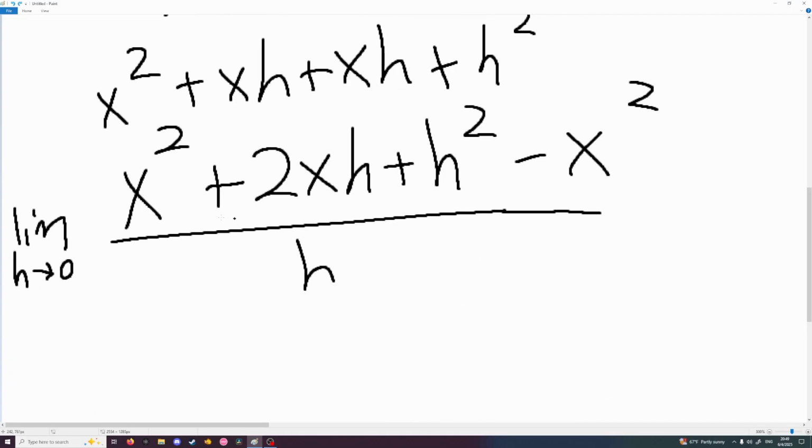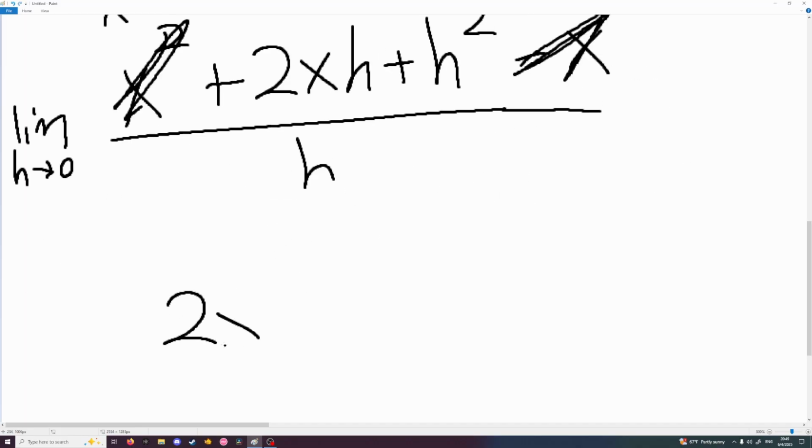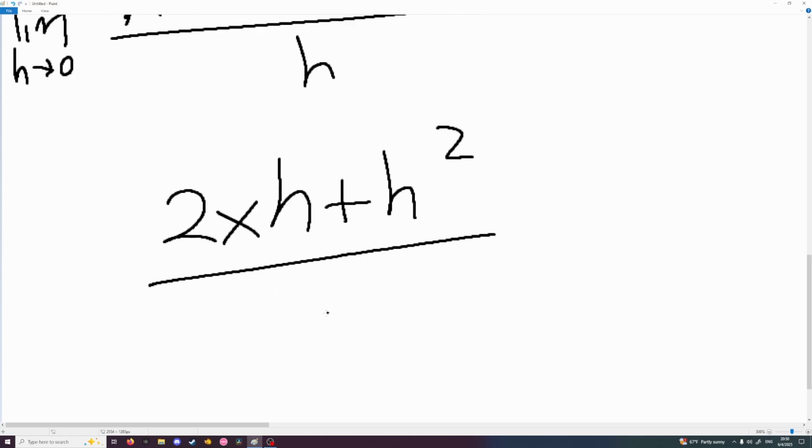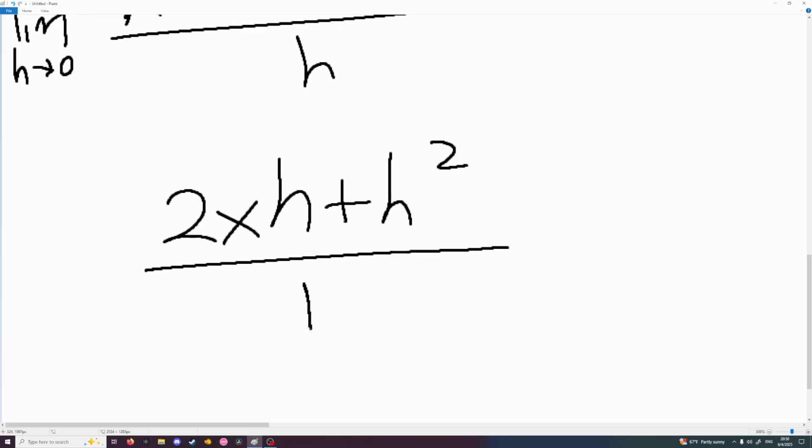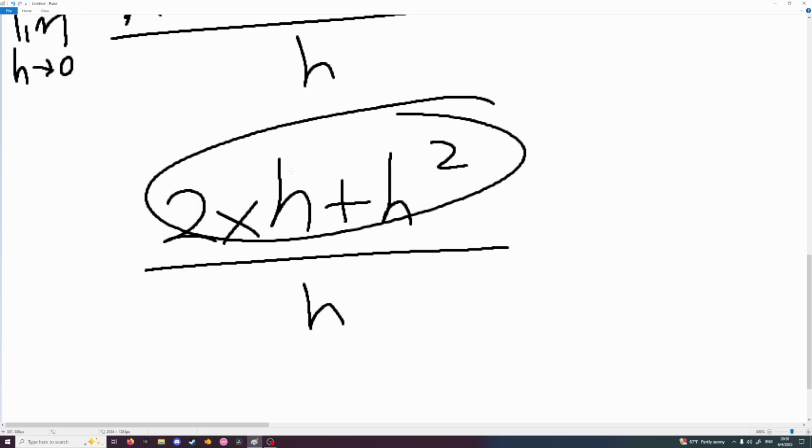So once we have that written down, we take a look here. We have the x squared minus this x squared right here, so these are just gonna go bye-bye, and we're left with 2xh plus h squared over h. I'm writing super diagonally, but stuff happens. As you can see here, we can factor out an h from that.